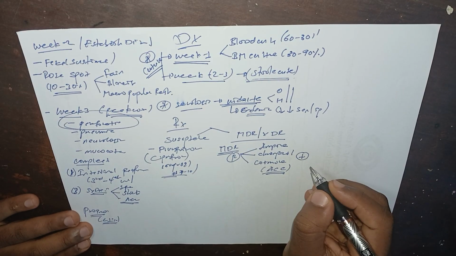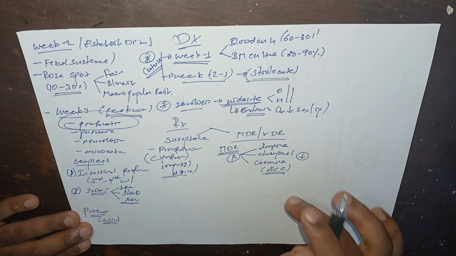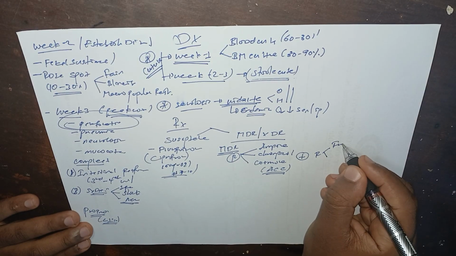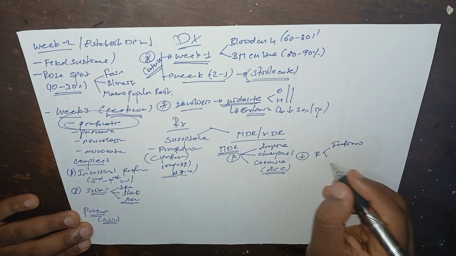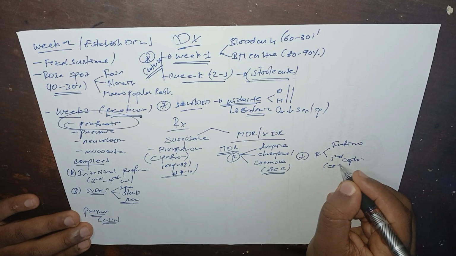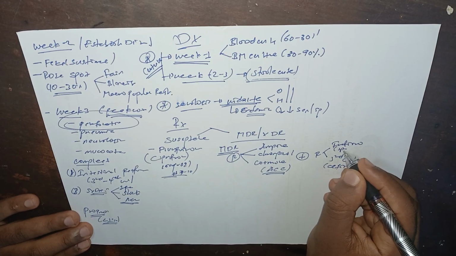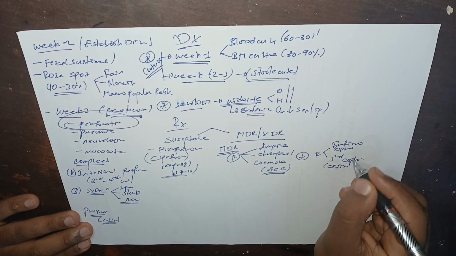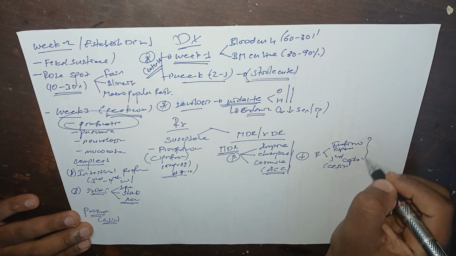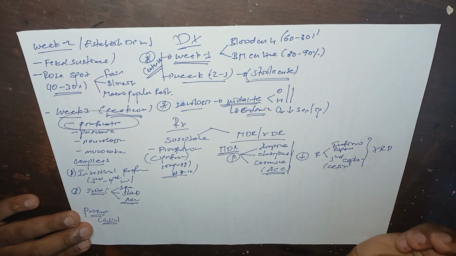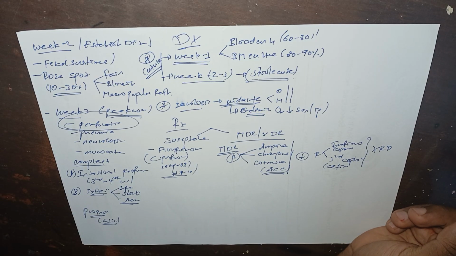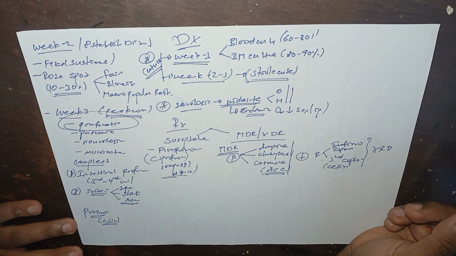But if the microorganism is MDR plus resistant to fluoroquinolones like ciprofloxacin and third generation cephalosporins like ceftriaxone, we will say it is XDR, or extensively drug resistant Salmonella Typhi.